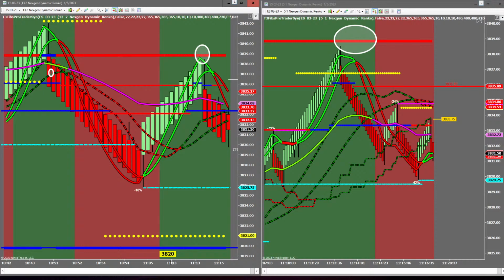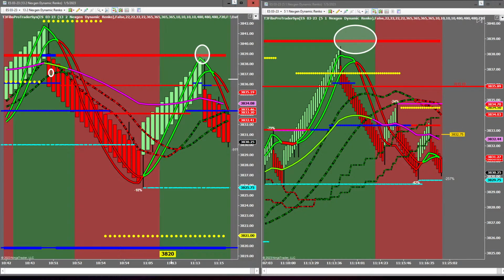See who's paying attention. How about magenta midband? That's a better way of saying it.